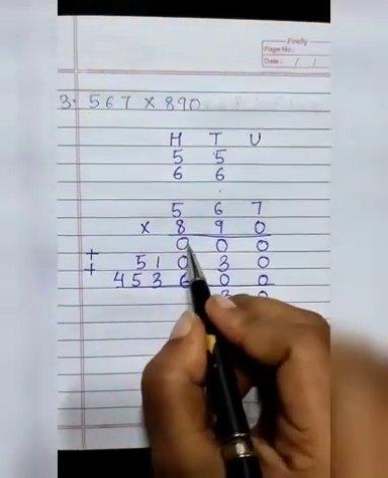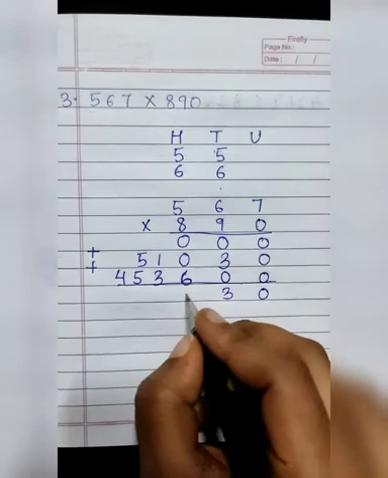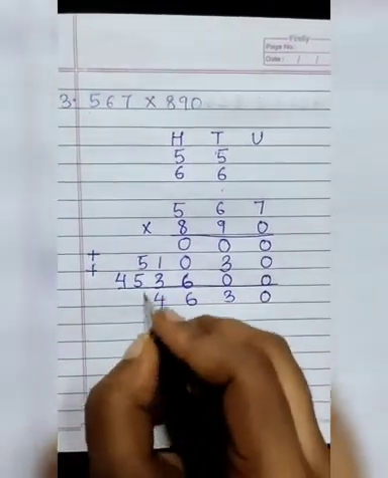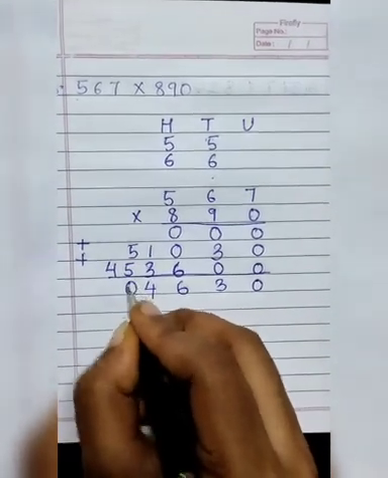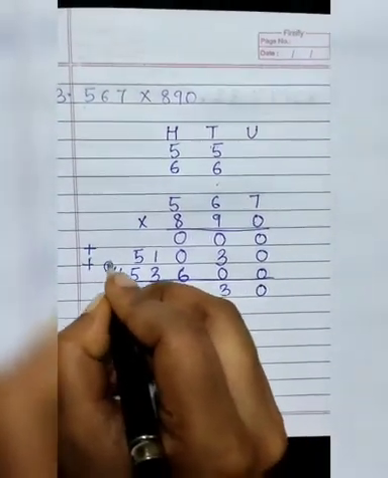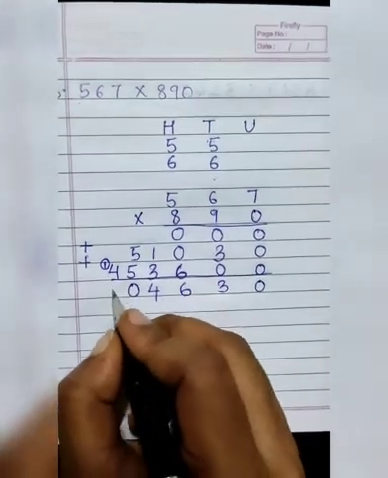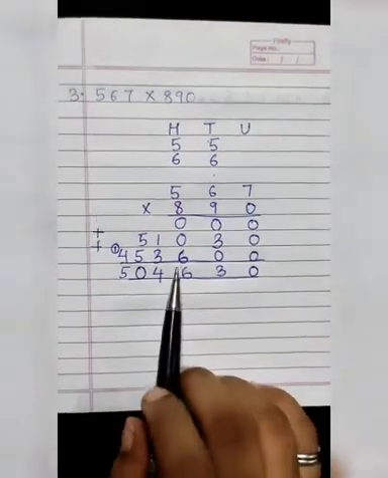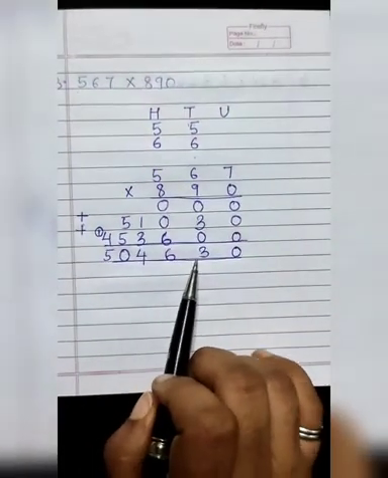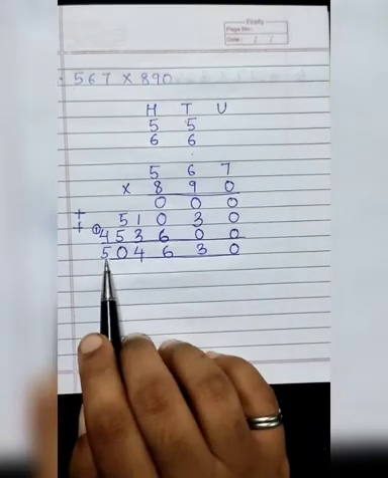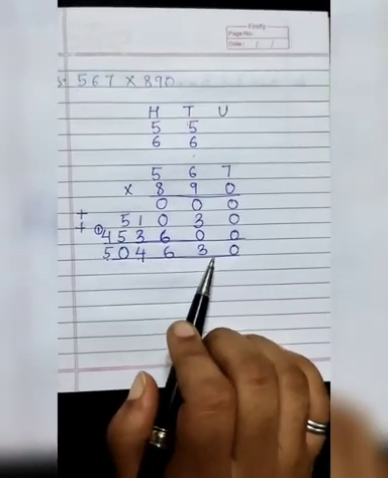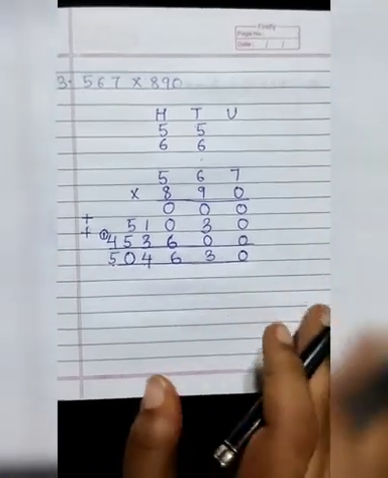Then 0 plus 0 plus 6 will be 6. 1 plus 3 will be 4. 5 plus 5 will be 10. So 0 will write down and 1 we will carry. 1 plus 4 will be 5. So your answer comes as 5,04,630. Okay.